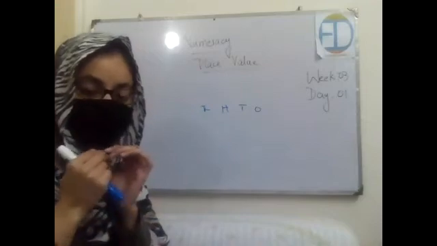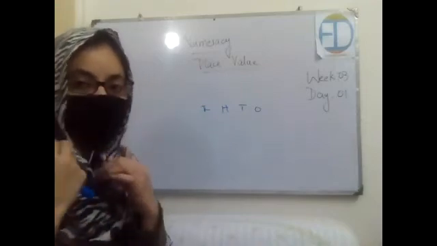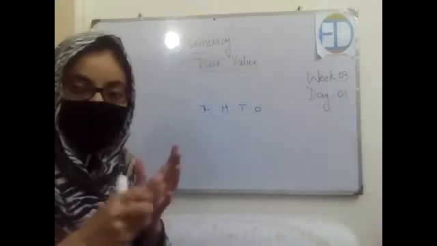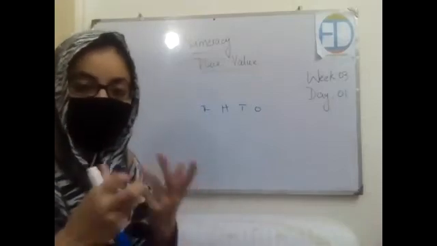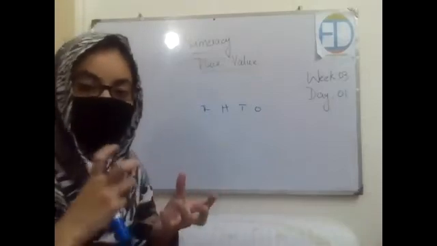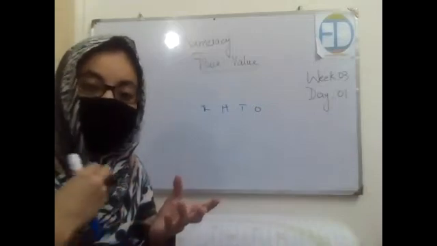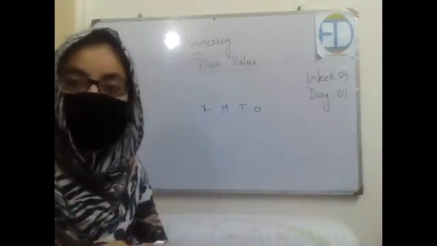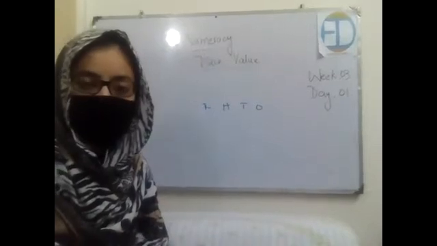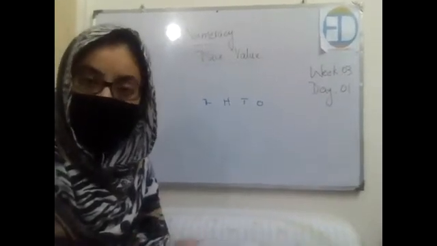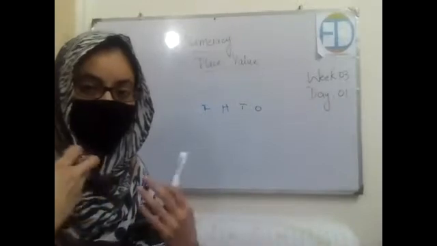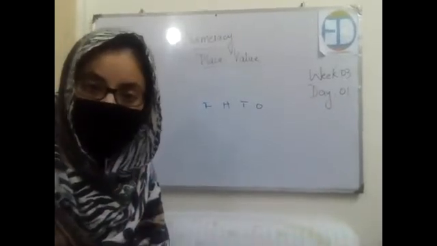So basically, what is the role of these? The role is that in mathematics, there are special positions which are previously set, and we are supposed to write the numbers according to those values. Today we will discuss what those special values are and how we are supposed to write the numbers according to them.